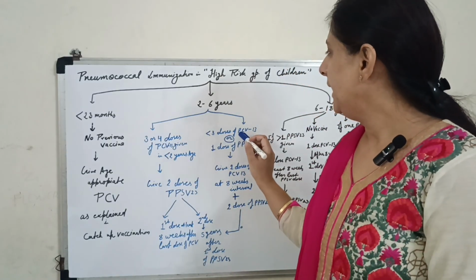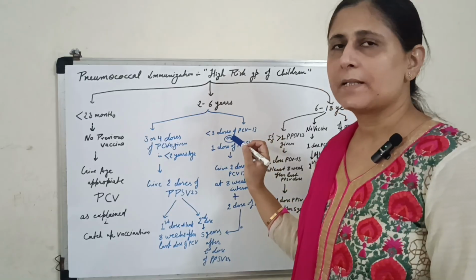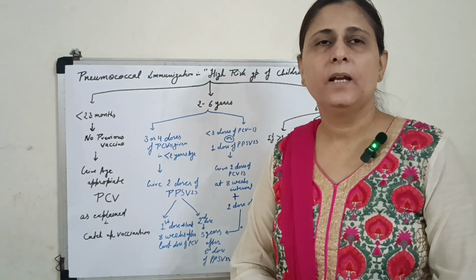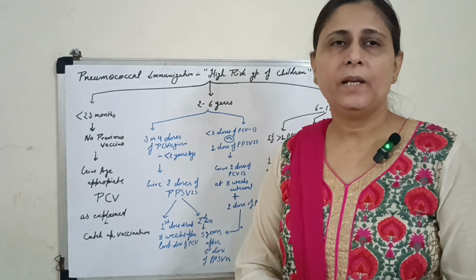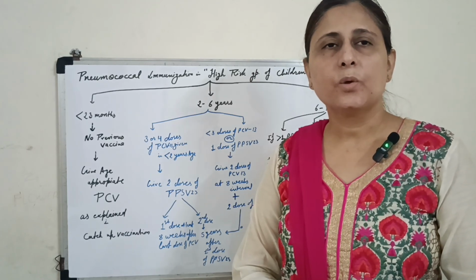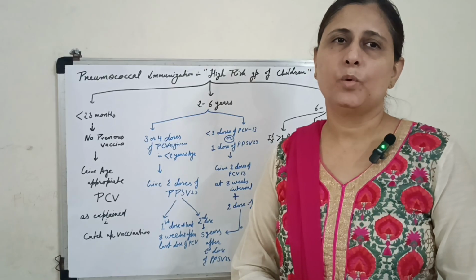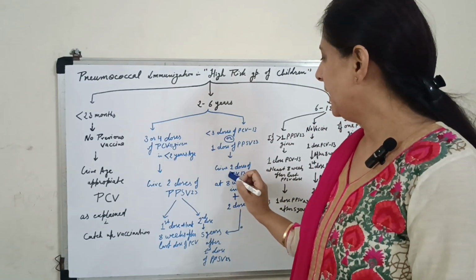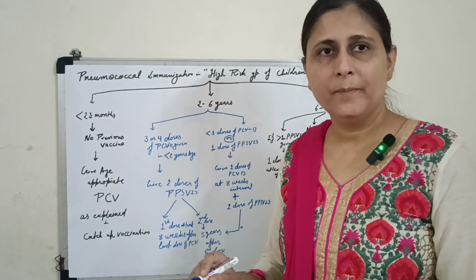If less than 3 doses of pneumococcal conjugated vaccine or 1 dose of pneumococcal polysaccharide vaccine were received, then we have to give 2 pneumococcal conjugated vaccine doses along with 2 doses of pneumococcal polysaccharide vaccine. So 2 doses of PCV13 at 8 weeks interval we have to give.